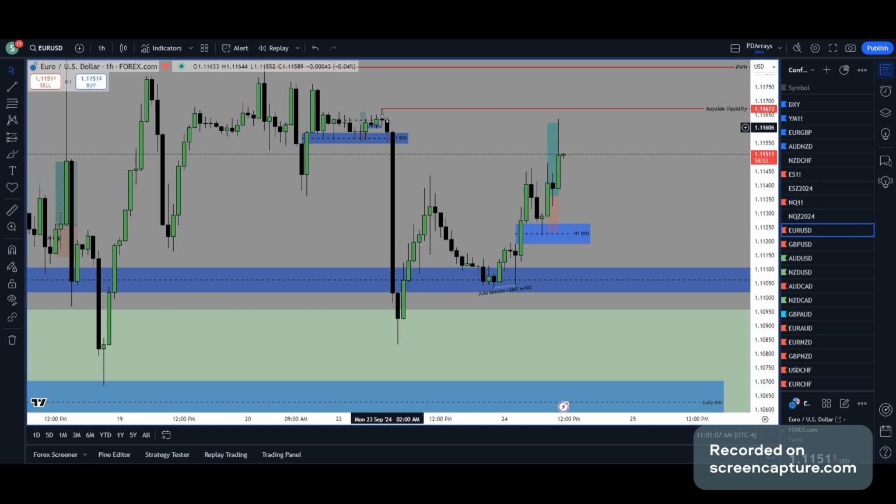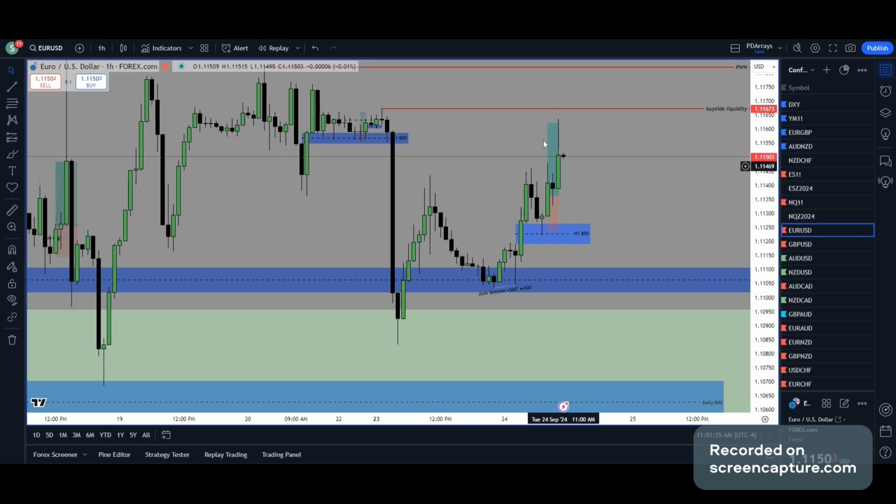We didn't get that high taken out, but I was very confident that it would get taken out from this hourly BISI that was created right here from this short-term high that failed to get below this daily buy-side imbalance, sell-side inefficiency.